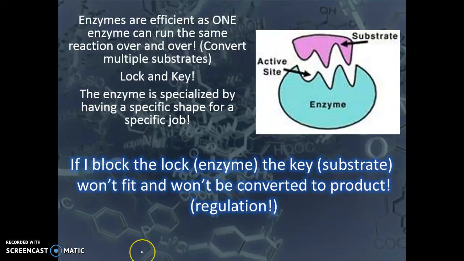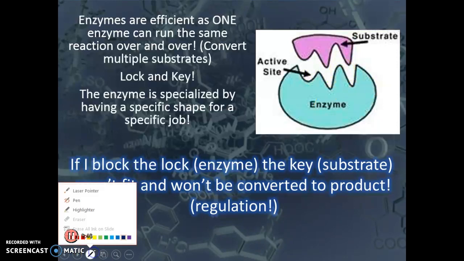One thing that we can do is put a little cap inside the enzyme and change it there. So now the substrate will no longer fit inside of that active site and the reaction won't take place. And then whenever we want to have that happen, we can just get rid of that and now the reaction can take place again.